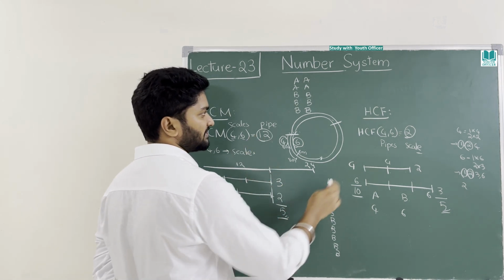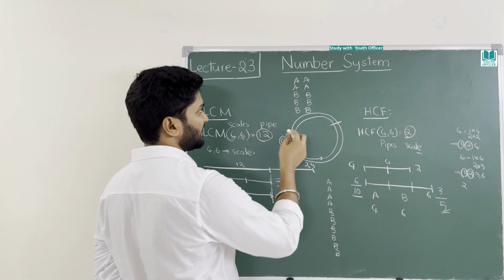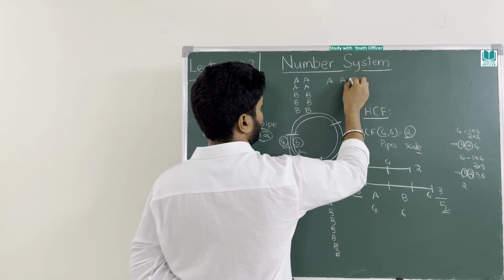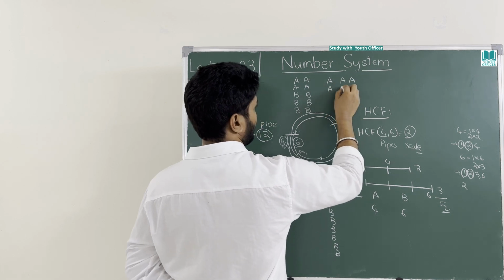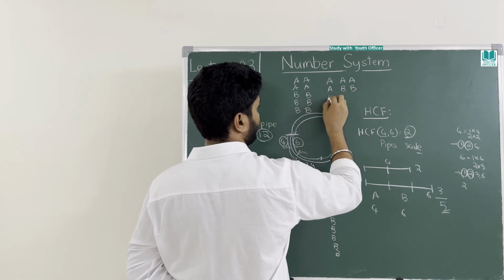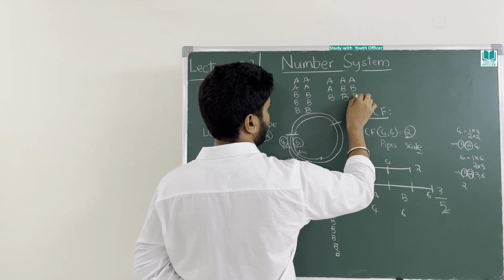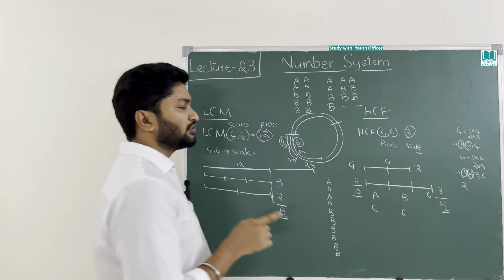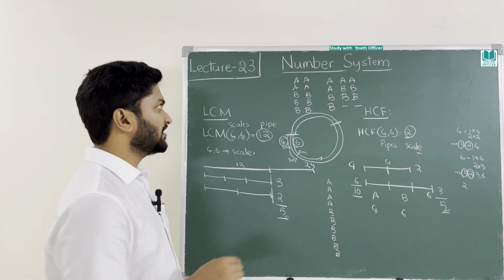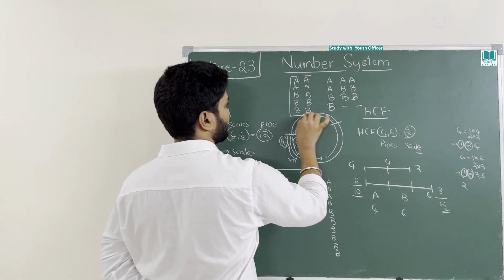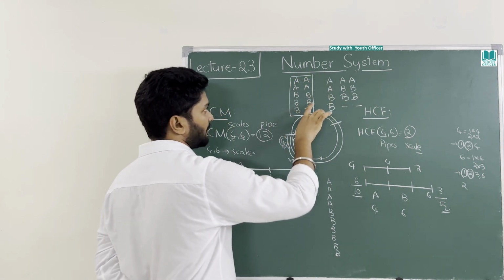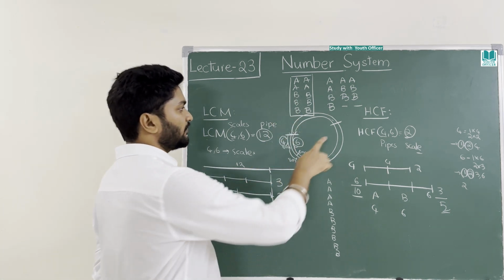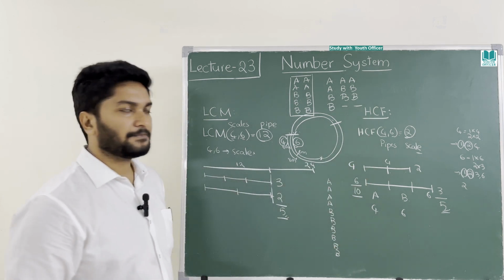If you don't follow this HCF, if you want to make them sit in 3, A, A, and then A, A, now B, B, B, B, B, B. Now 2 places are left. There should not be any places left. They should look very clean. How many rows and what minimum number of columns we have to use? Then we will use the concept of HCF.